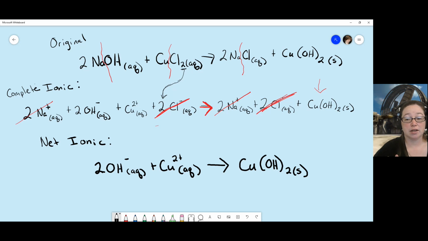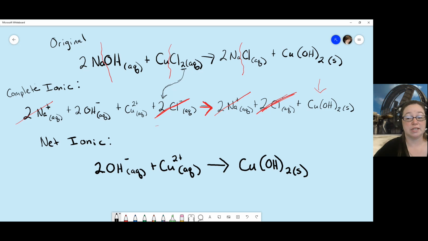When you get a product like copper 2 hydroxide, that's a solid, you can then pour off the solution and dry it and weigh it and measure what you've gotten. And so that's really what a net ionic equation is for.